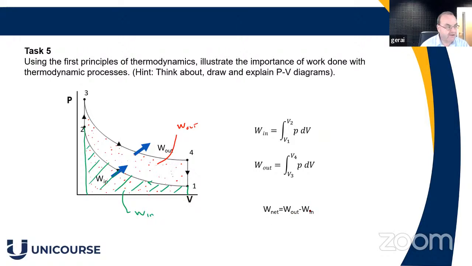And that's why you can't get very high efficiencies of any sort of reciprocating engine, because some of the work that you deliver in the power stroke, you have to use in the compression stroke. So you're never going to get 100% efficiency, because you've always got to use some work to drive the piston back up on the compression stroke. So the net work is simply the work out in the expansion minus the work in during the compression stroke.